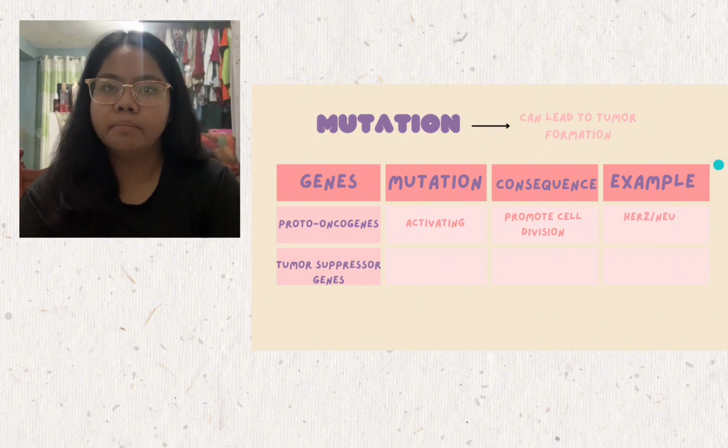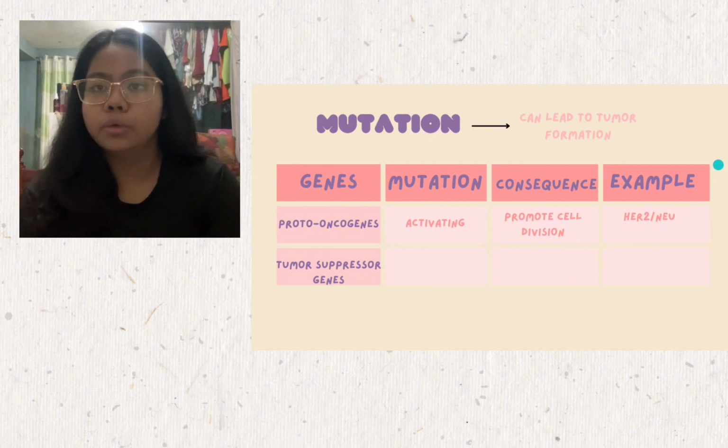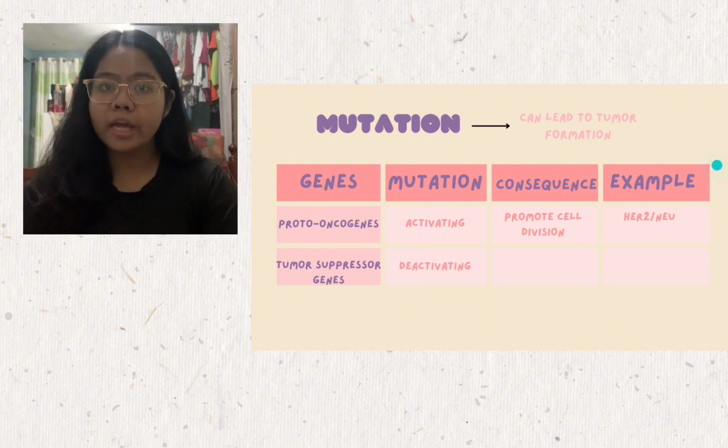Oncogenes are, for example, involved in transmitting growth signals such as the receptor for the human epidermal growth factor, or HER2 or NEU. In contrast, tumor suppressor genes require inactivation to contribute to tumor formation. The most important tumor suppressor genes control the cell cycle and, when functional, inhibit uncontrolled cell division.